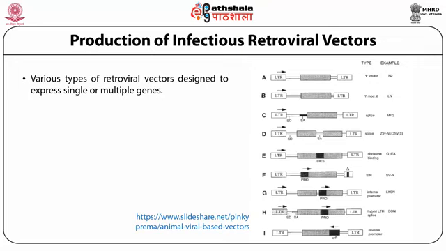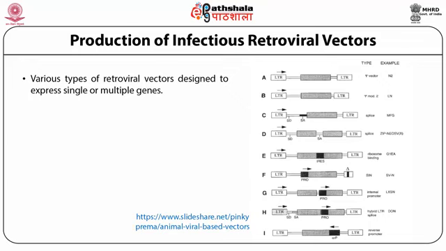Then we have omega vector 2, which is known as LN. Then, by insertion of two more segments, we have spikes, and they are available with different names, MFQ.